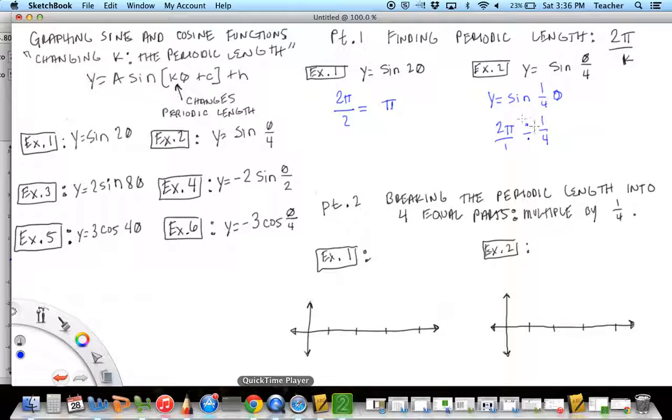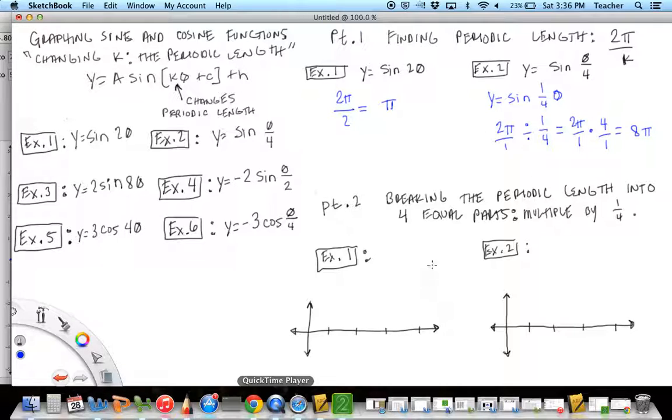I'm writing it this way so you understand why it creates this number. So 2 pi divided by 1/4 is equal to 2 pi over 1 times 4 over 1. That's just basic properties of fractions: if I'm dividing by a fraction, I multiply by the reciprocal. And so my periodic length for this particular function is 8 pi, and again, we'll see the effects of that over here.